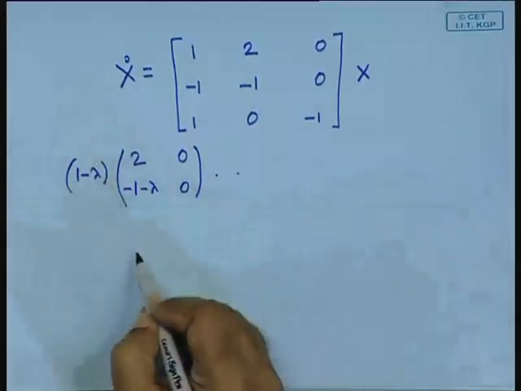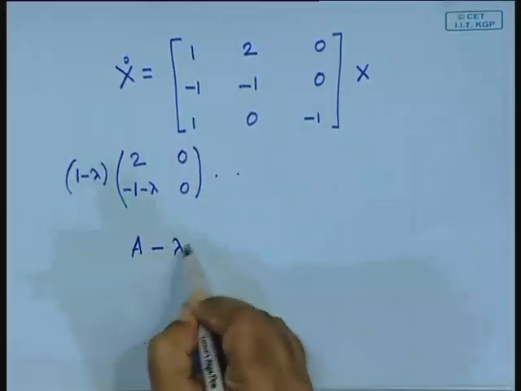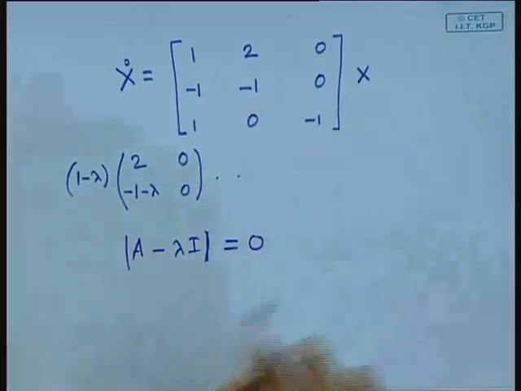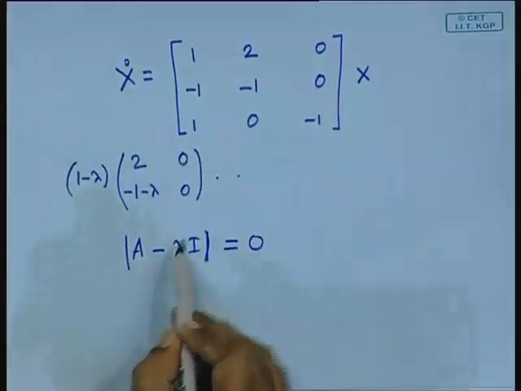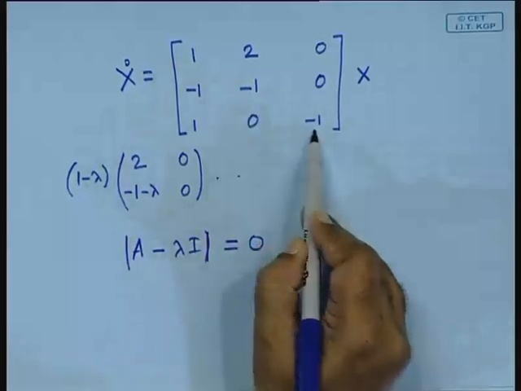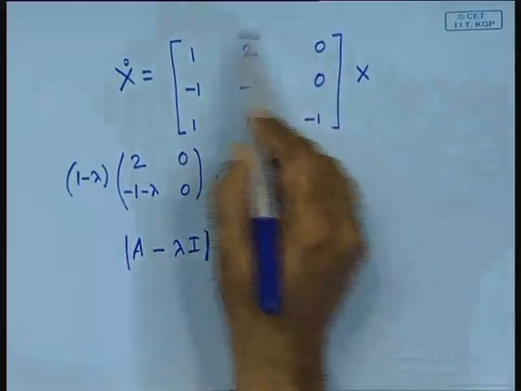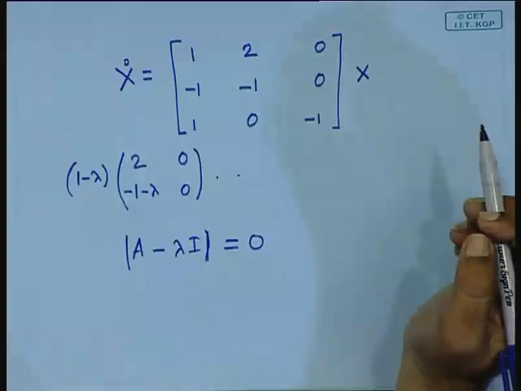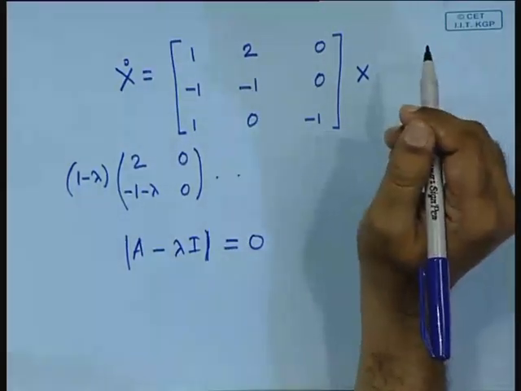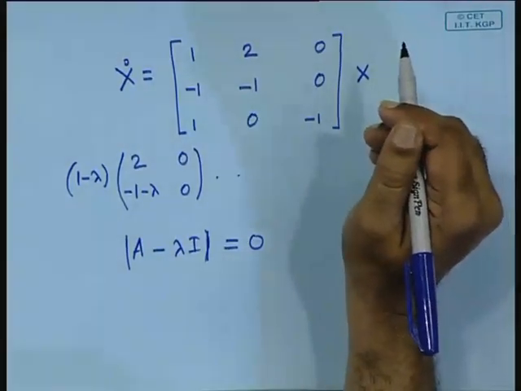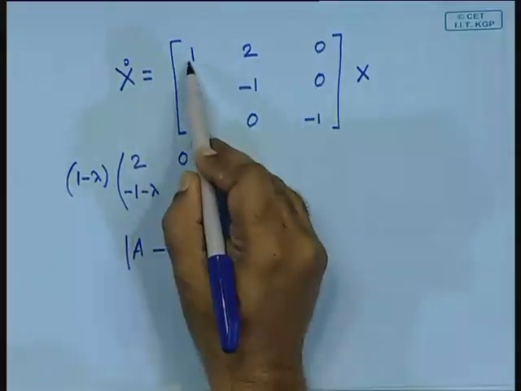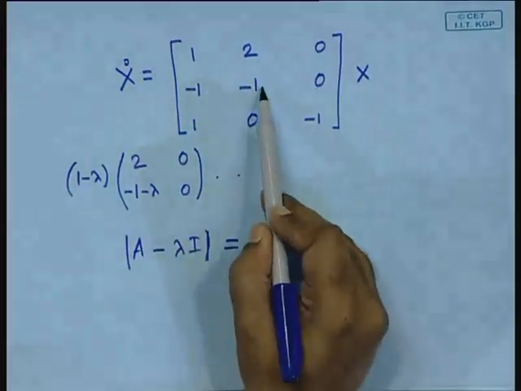So, it will be the determinant of A minus lambda I equal to 0. That is the concept. Lambda I will be here, here and here. So, you have to obtain the determinant of this 3 by 3 matrix. That is what we started doing. This term will become 1 minus lambda, this term will become minus 1 minus lambda.